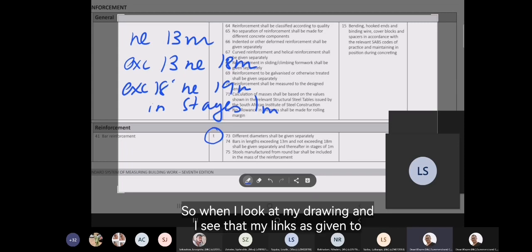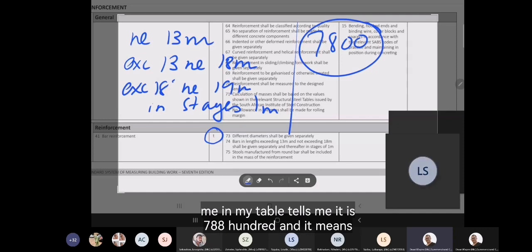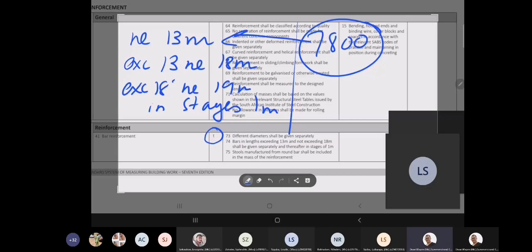So when I look at my drawing and I see that my length as given to me in my table tells me it is 7 meter 800, it means therefore that it relates to not exceeding 13 meters.